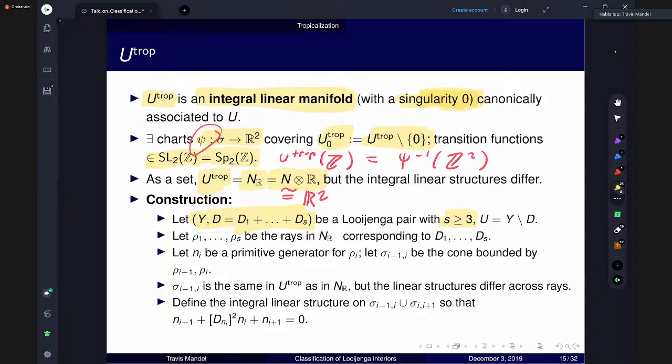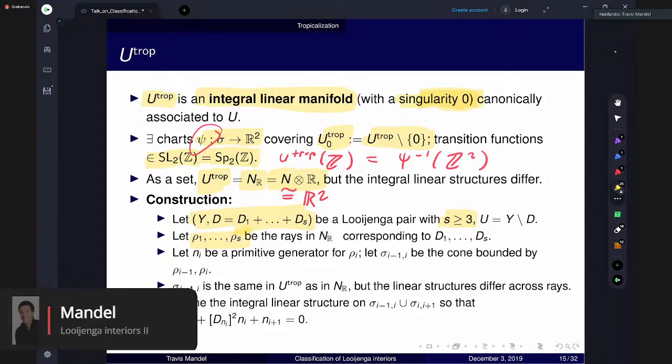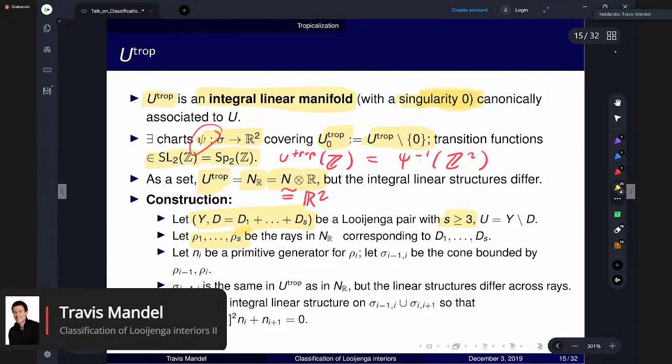U is our interior. I'm going to let rho 1 through rho s be the rays corresponding to these divisors. I'll assume that they're cyclically ordered counterclockwise. So yeah, these are the rays corresponding to these divisors.